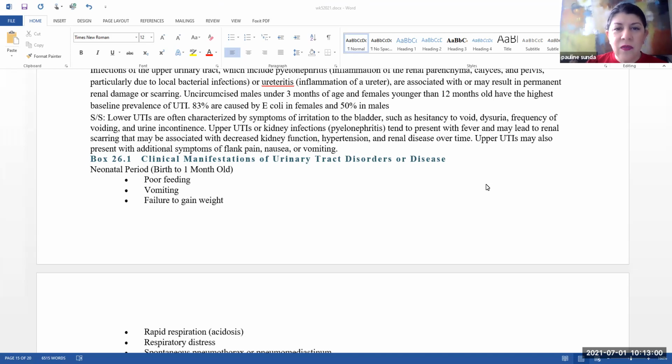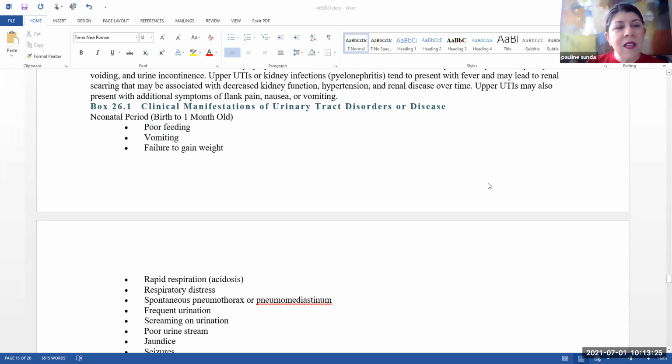Upper urinary tract infections or kidney infections, also called pyelonephritis, tend to present with fever and may lead to renal scarring that may be associated with decreased kidney functioning, hypertension, and renal disease over time. Upper urinary tract infections may also present with additional symptoms of flank pain, nausea, or vomiting.